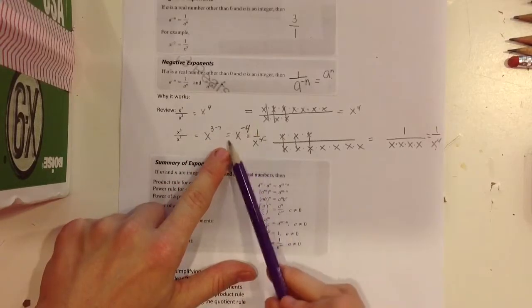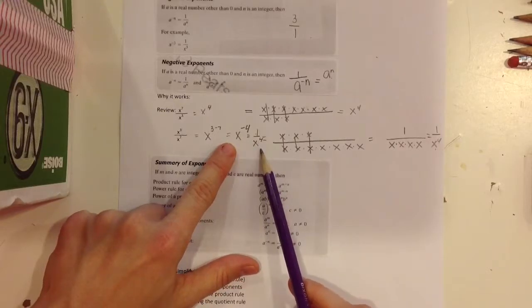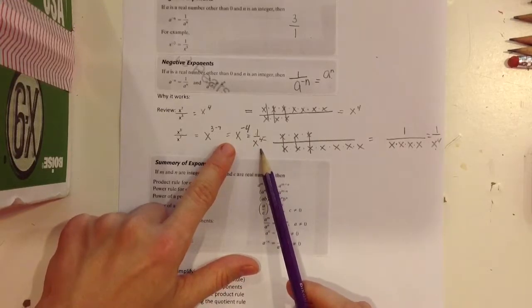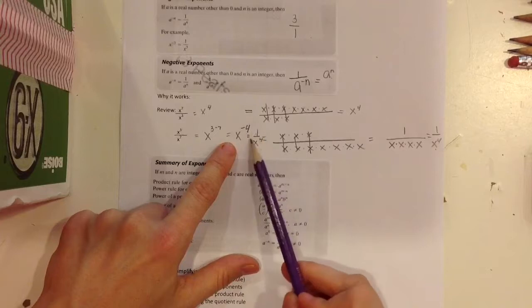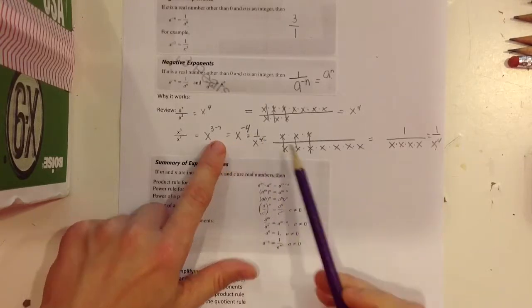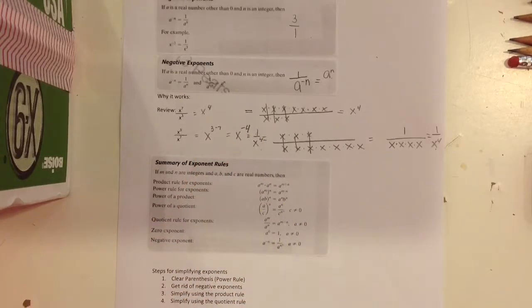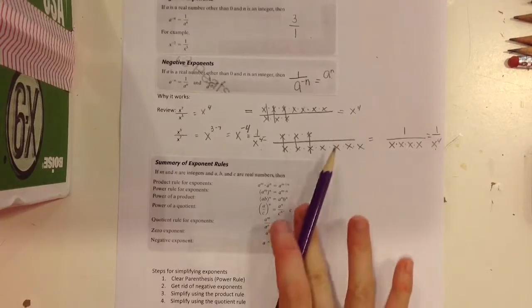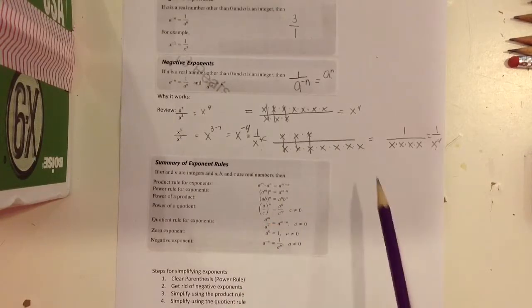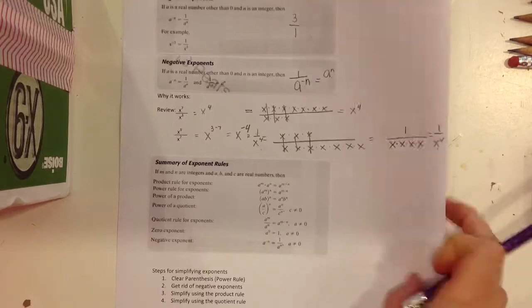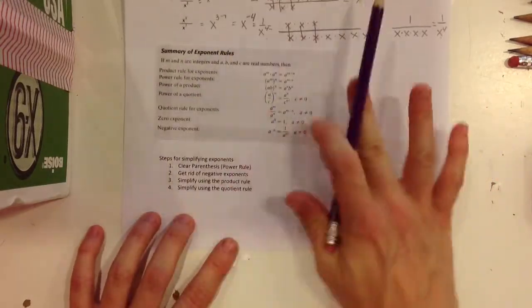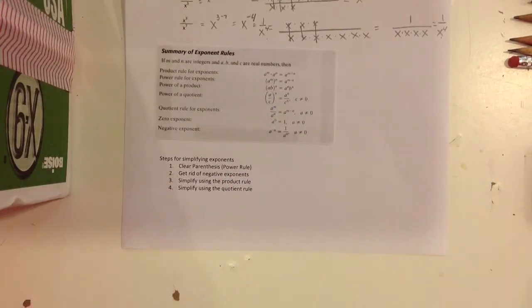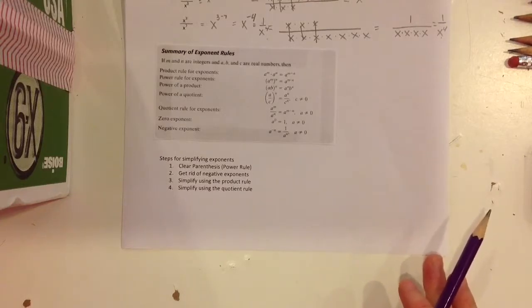To make that negative exponent positive, we have to move it to the bottom of a fraction. So x to the negative 4 is the same thing as 1 over x to the 4. Using our quotient rule in expanded form, you can actually see why that's the case. If you need to see that expanded to get this straight in your mind, that's what I would suggest you do.